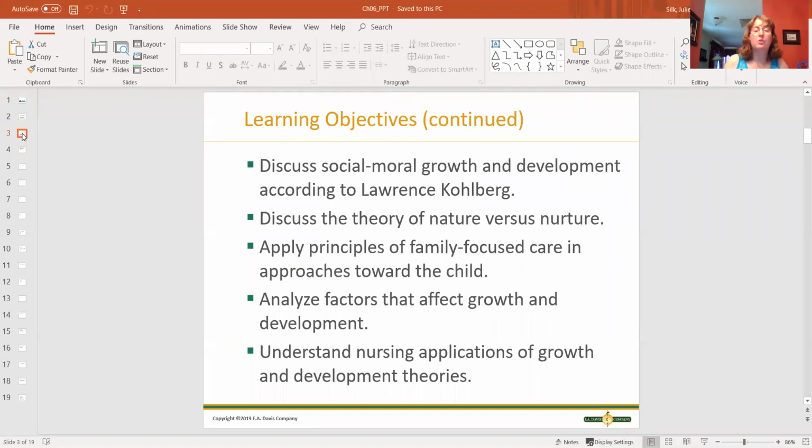We're going to discuss social moral growth and development according to Lawrence Kohlberg, and discuss the theory of nature versus nurture, apply principles of family-focused care and approaches toward the child, analyze factors that affect growth and development, and understand nursing applications of growth and development theories.